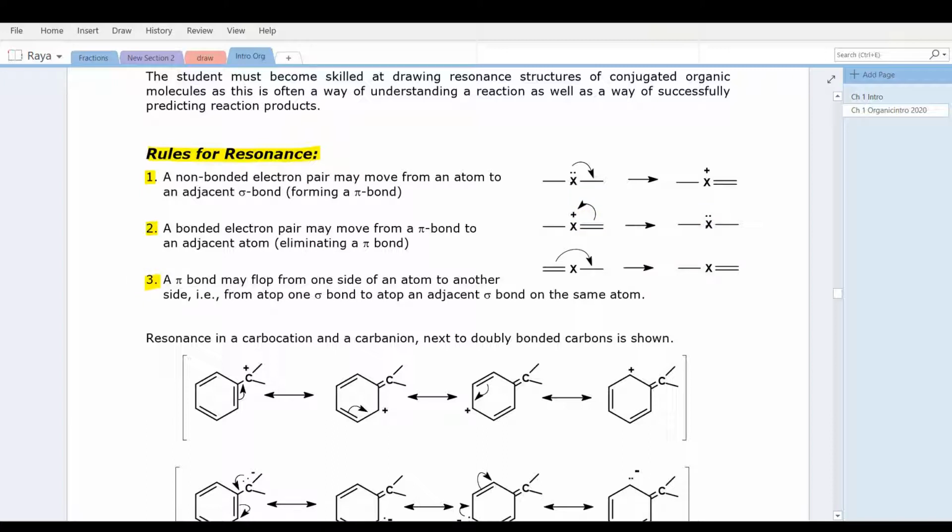Rule number 3, the simplest of all, is simply that a pi bond can flip from one side of an atom to the other side. Now when this occurs, there's no change in charge. All of these electron movements require that the electrons stay attached to the same atom, and thus it's a small energy change involved.